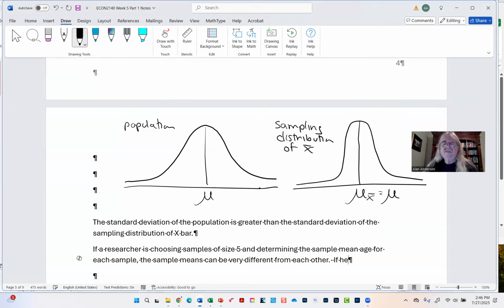If he repeats this process with samples of size 50, sample means will be much closer to each other.